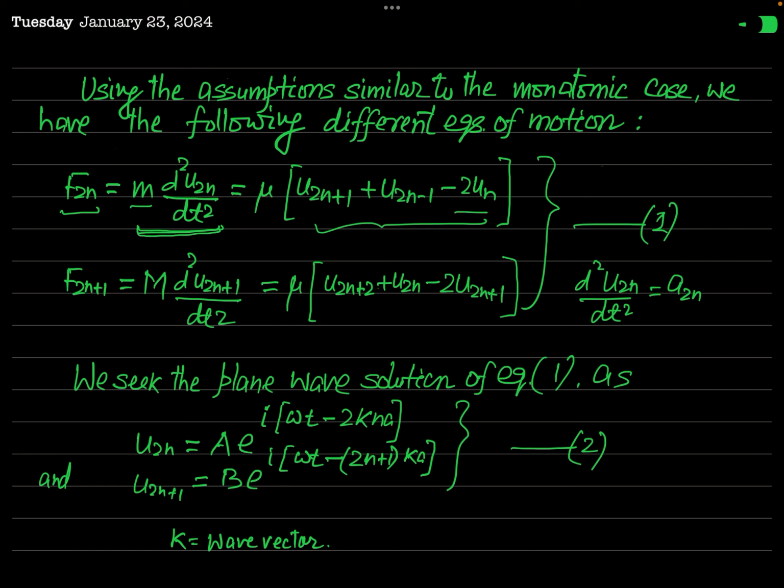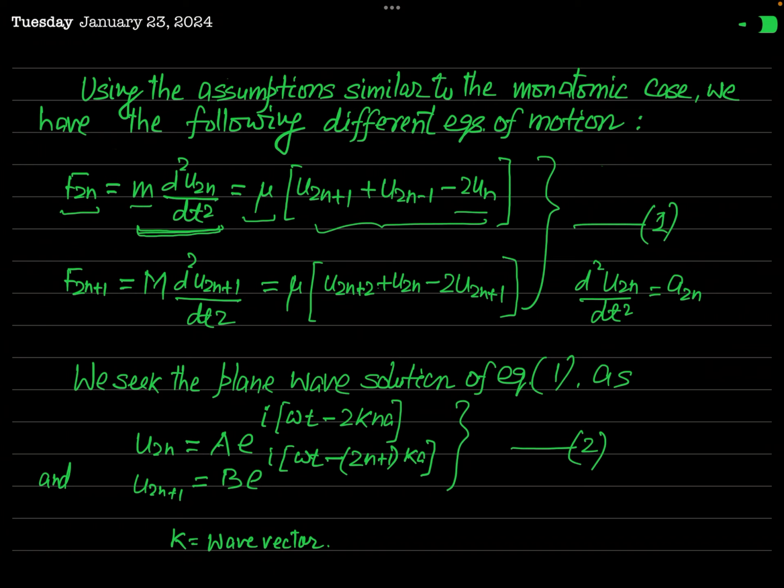How this factor comes, I have discussed in my lecture on the monatomic linear lattice. You can see the explanation there. When you remove the proportionality sign, you have to put a proportionality constant, and this mu is the proportionality constant, which is called the force constant.